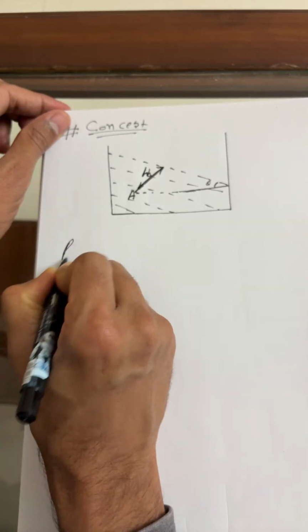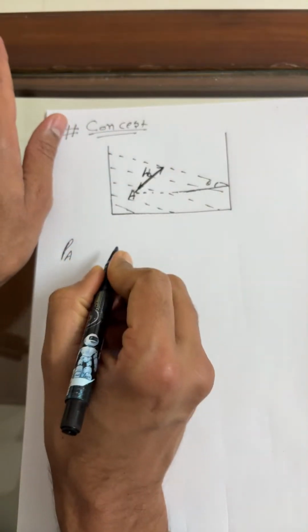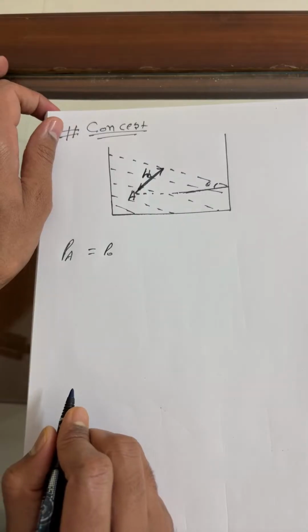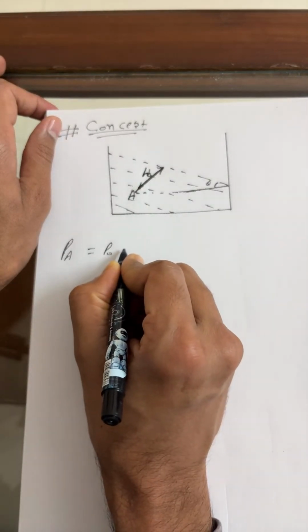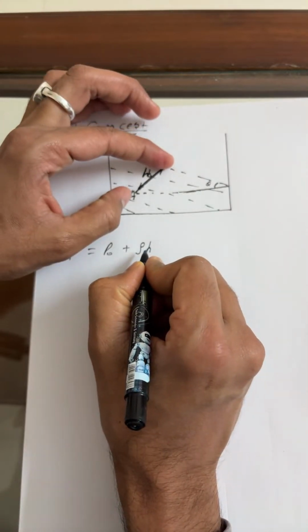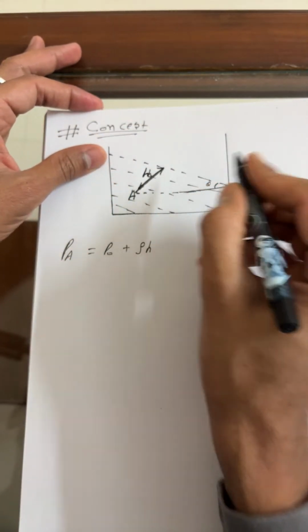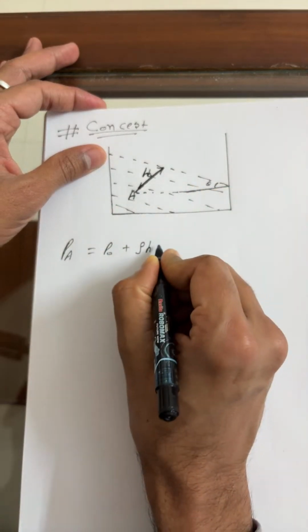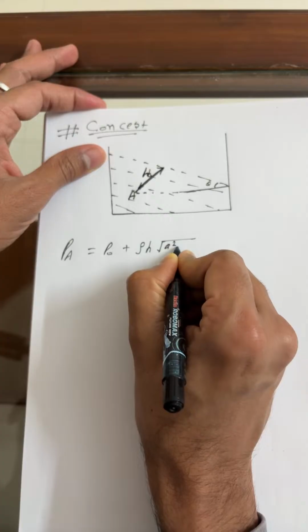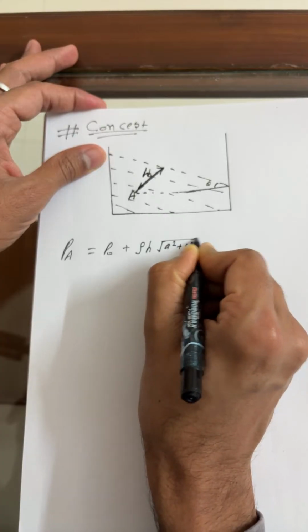What is the pressure at point A? Since this is open to atmosphere, we can write P naught plus rho h g. And what is g over here? This is nothing but the square root of a square plus g square.